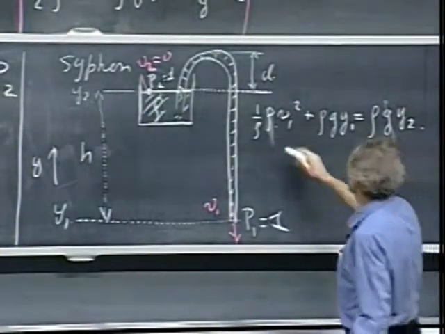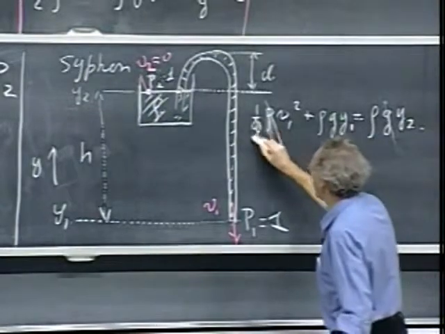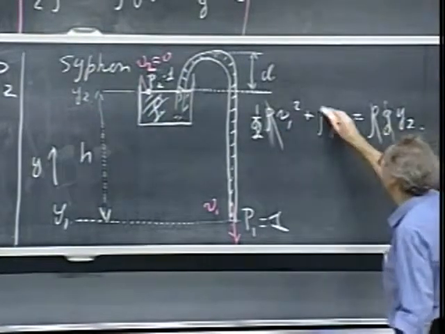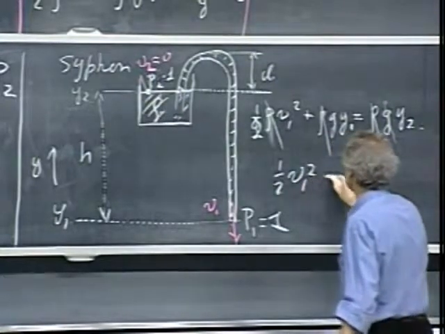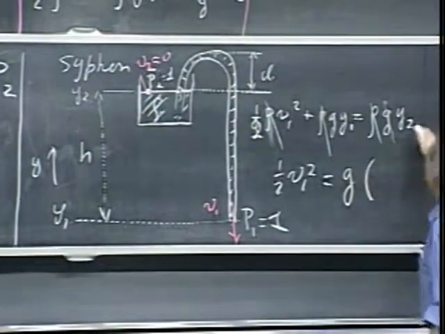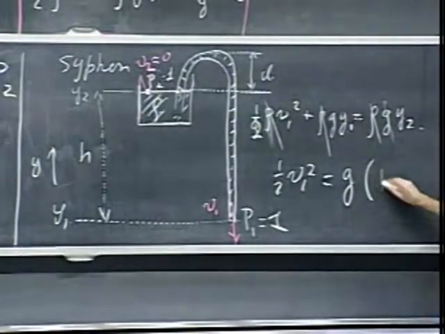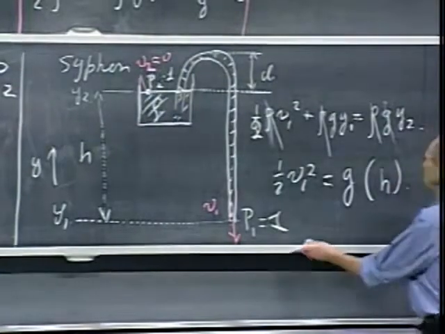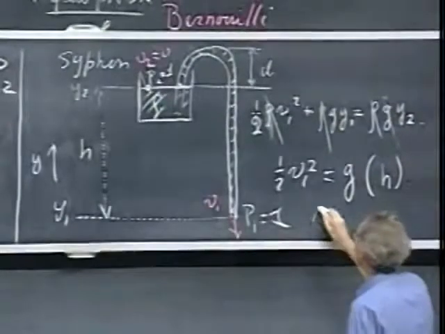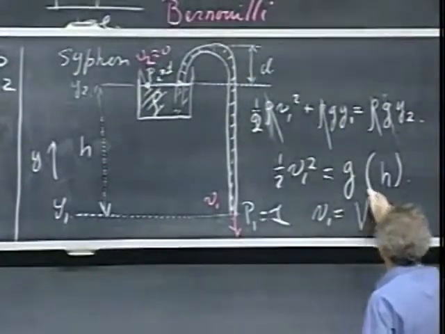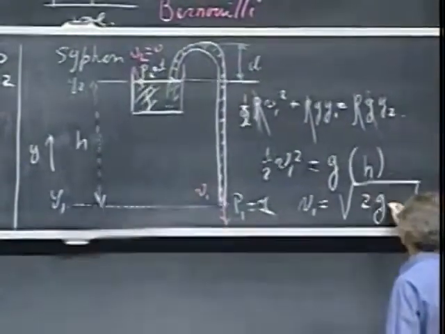And so I lose my rho. This is 1/2. I lose my rho. And so you get that 1/2 V1 squared equals G times Y2 minus Y1, which is H. And so what do you find? That the speed with which this water is running out here, V1, is the square root of 2GH.